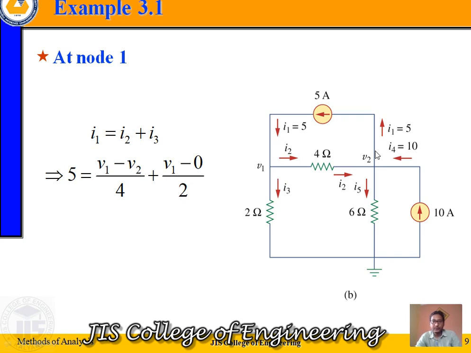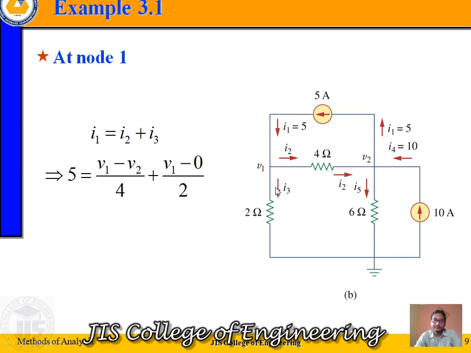So obviously this I1 current is coming out from node 2. So we have considered this I1 current is coming out from this node and going into node 1, and similarly this I5 current is coming out, and I4 current we have considered as going into node V2. So we have already considered.